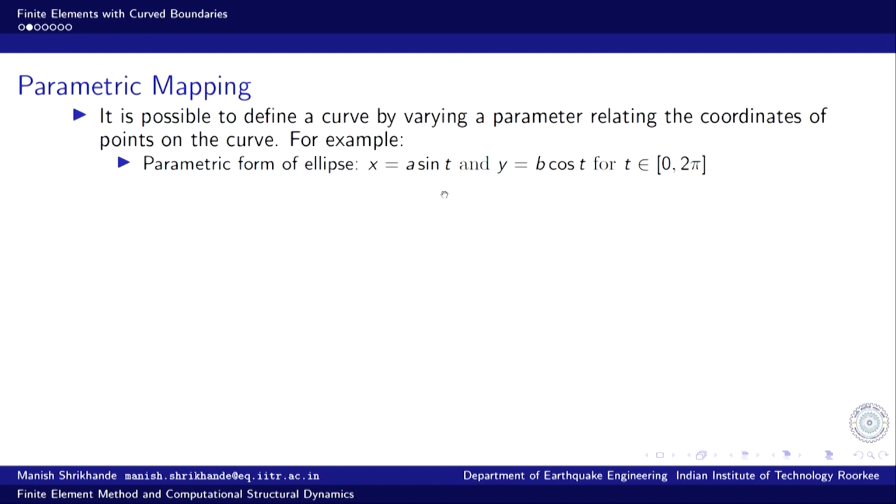And we can always convert it to that familiar form of equation, x square by a square plus y square by b square is equal to 1, that is the equation of the ellipse. That can be very easily achieved using this form.